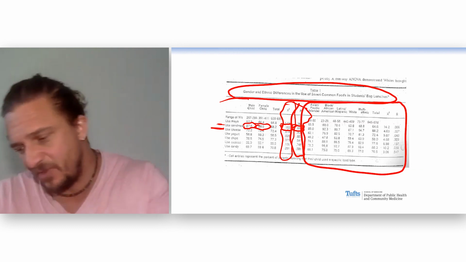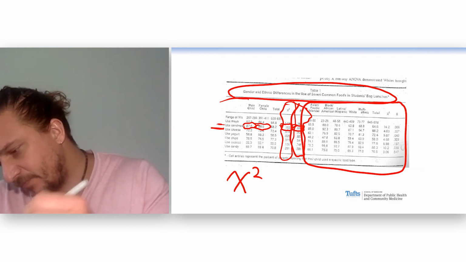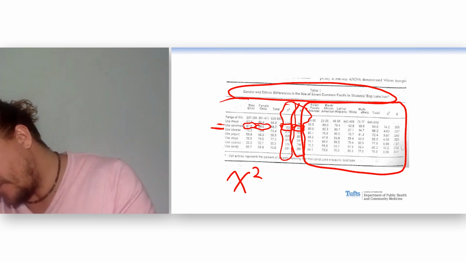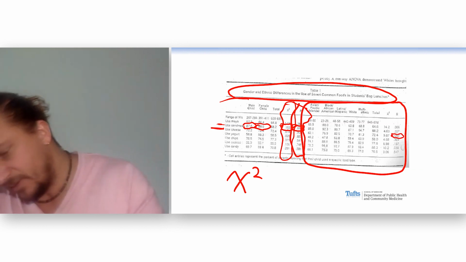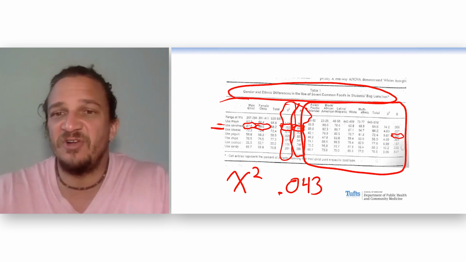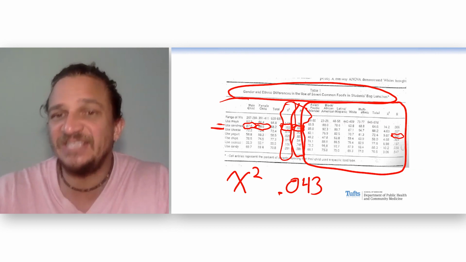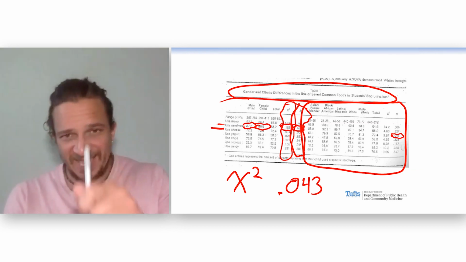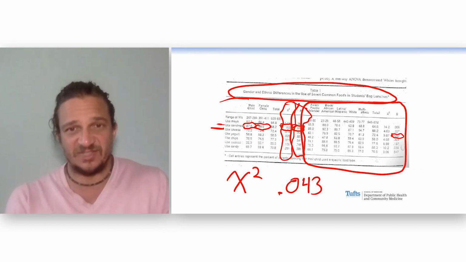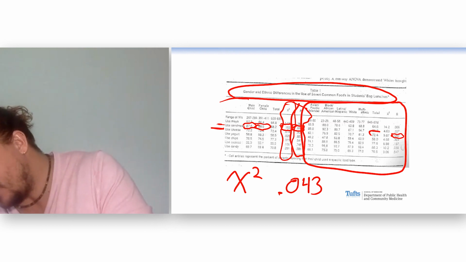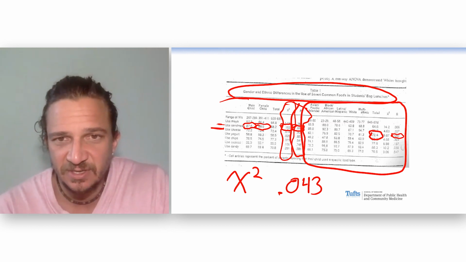Is there a relationship? We run chi-square. And what we see is that for cheese, look at the p-value for cheese, 0.043. There is a statistically significant difference in cheese use among kids of these different groups. That's the homogeneity of proportions. And if you take a look, in total, 72% of these kids have cheese.